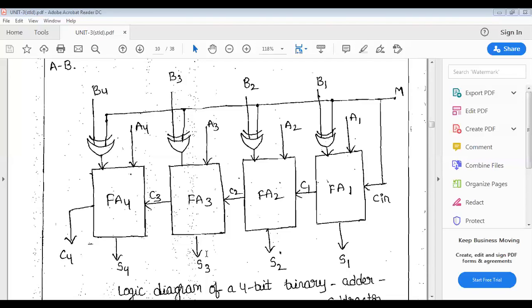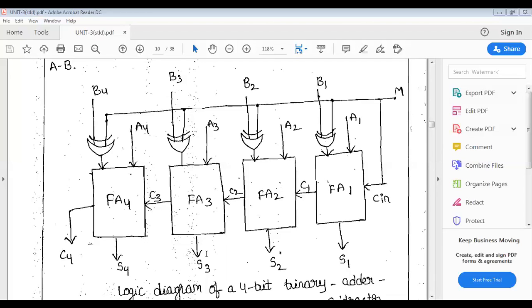So B is changed to its 2's complement. First, the 1's complement means B bar: all the binary values change from 1s to 0s and 0s to 1s. And adding 1 to the LSB converts it to the 2's complement. So adding A plus B bar plus 1 is equivalent to A minus B.